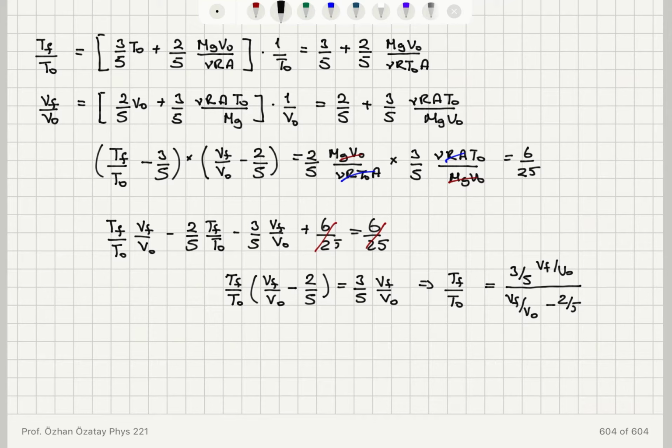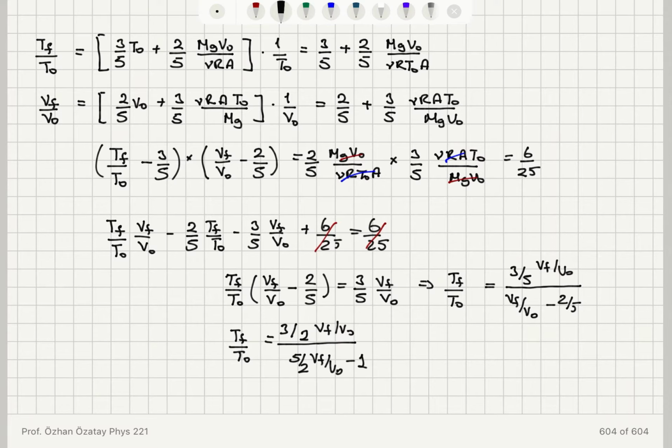which can be written as T final over T0 is equal to 3 over 2 V final over V0 divided by 5 over 2 V final over V0 minus 1.